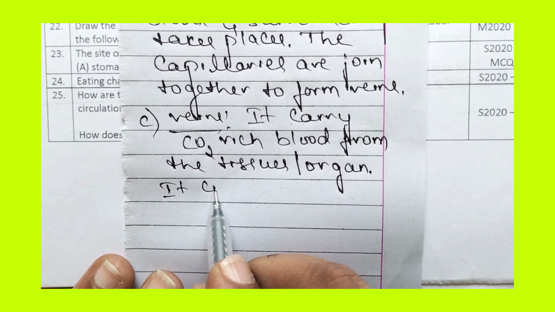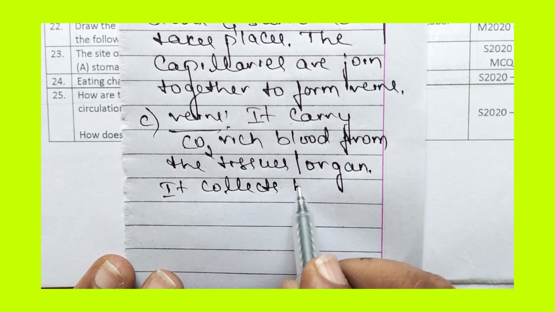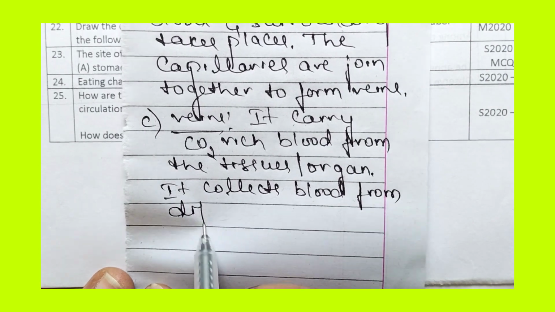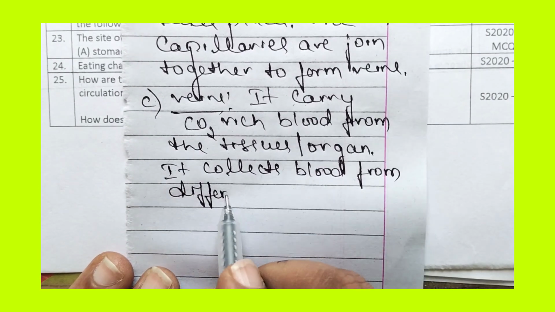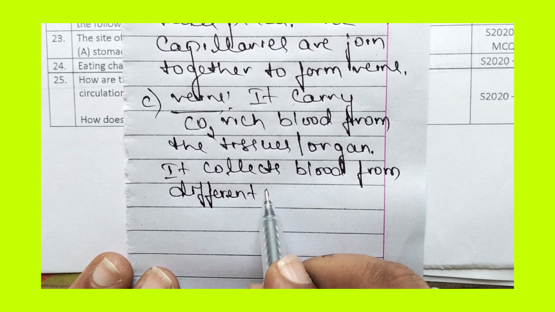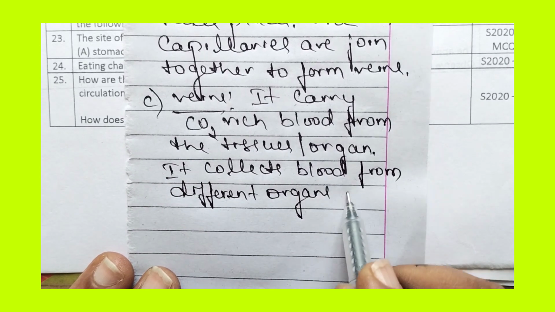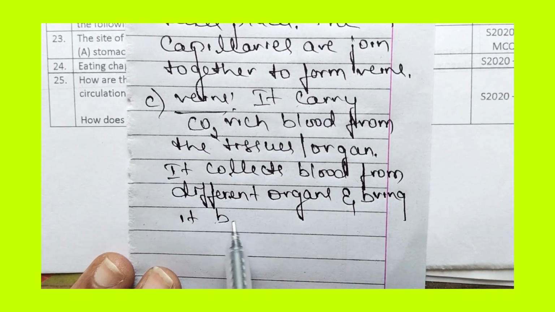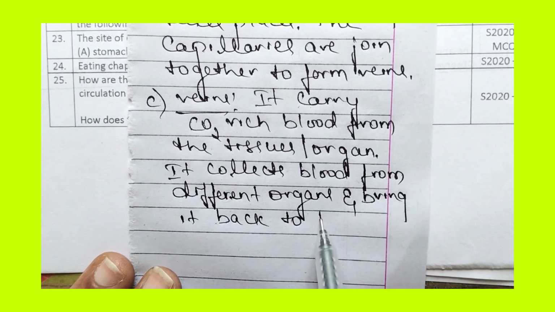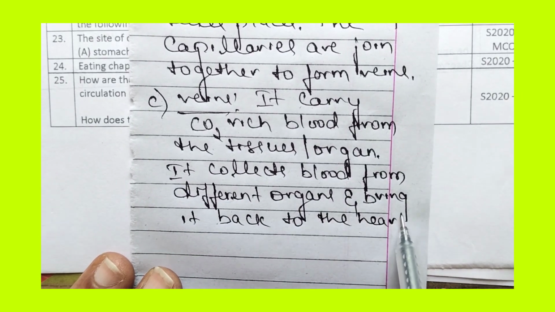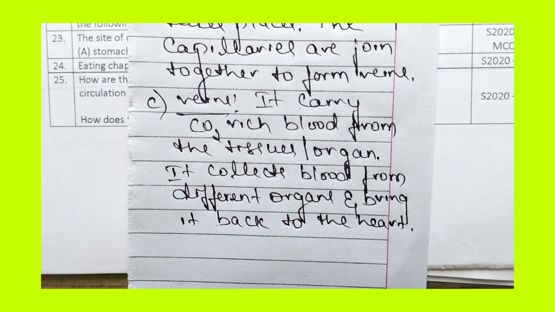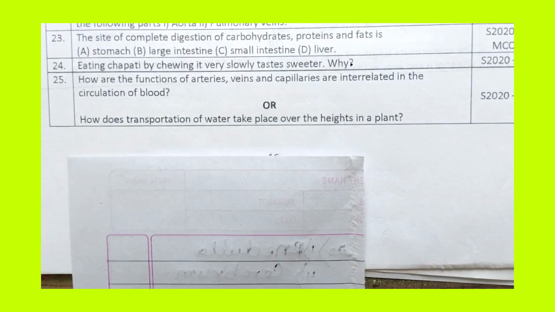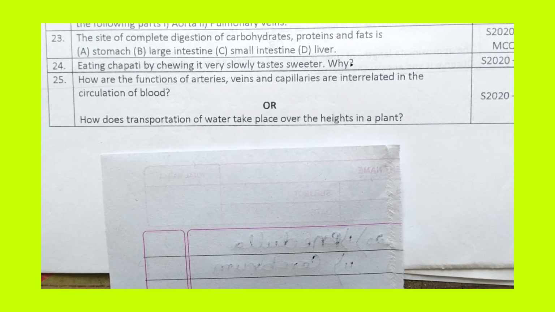It collects blood from different parts, organs or tissues, and brings it back to the heart. So like this we have to write about how arteries, veins and capillaries are interrelated in the circulation of blood.